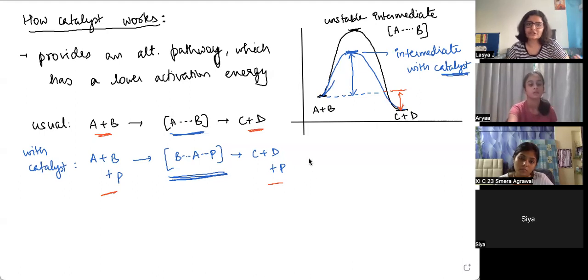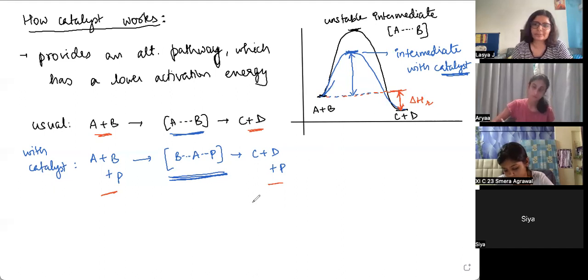Equilibrium constant also does not change. Arrhenius factor also does. What is that? Sorry, what is that red arrow? This one? Yeah. You tell me, what is this? Delta H. Yeah. So with or without, delta H remains the same. Delta S also remains the same, essentially. So that's why your delta G also is the same.